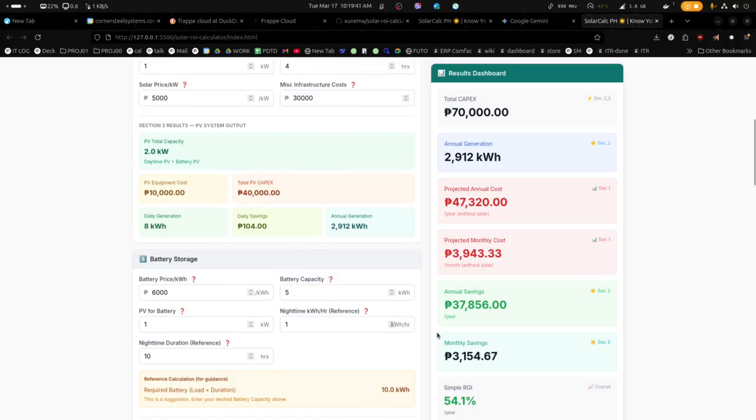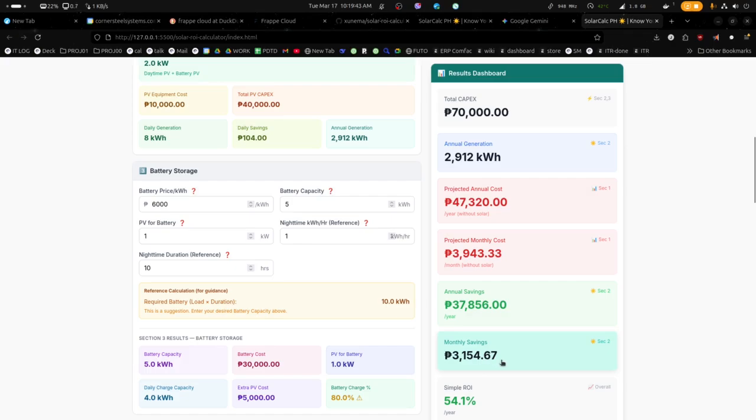Again, that goes into your savings, that calculates into your savings, and that's how it should be calculated. Batteries just add to your savings over time. Your savings over a period, per month or per year, tell you how much you're saving as you reach your capex.